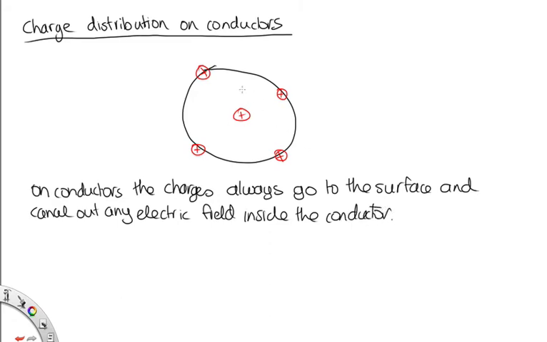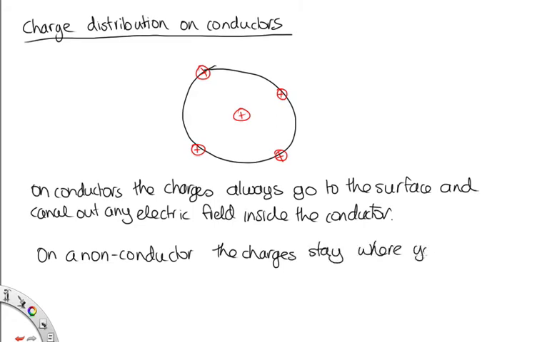So inside this sphere, there is actually no electric field. On a non-conductor, the charges stay where you put them. So you can get interesting charge distributions on non-conductors, but on conductors, the charges will always just be on the surface of the object. Let's consider a case of a conductor.